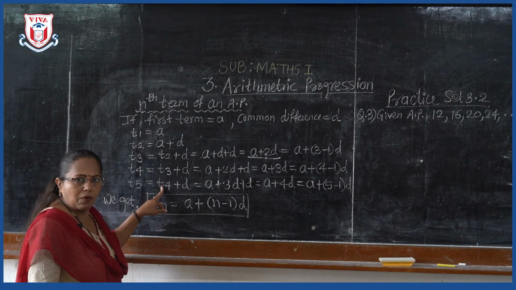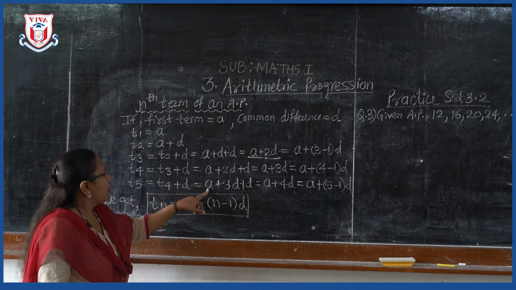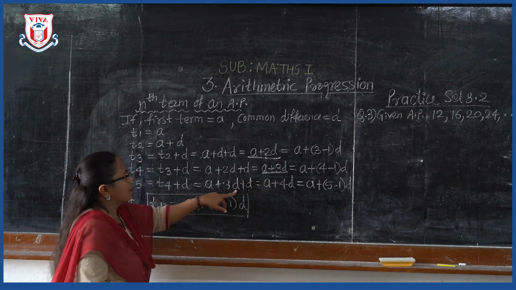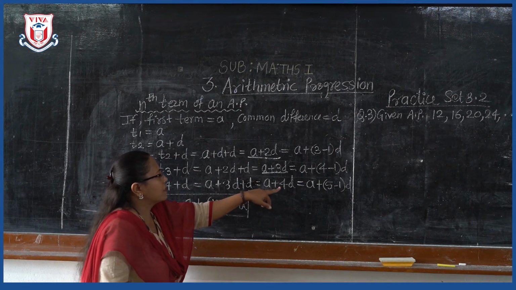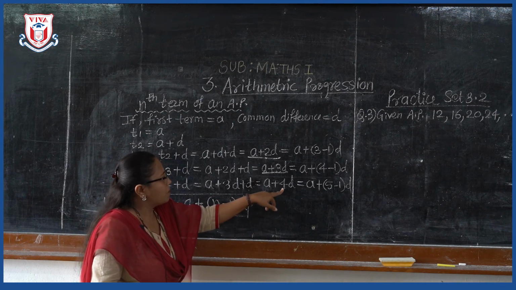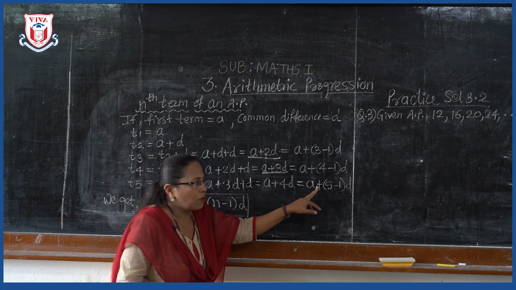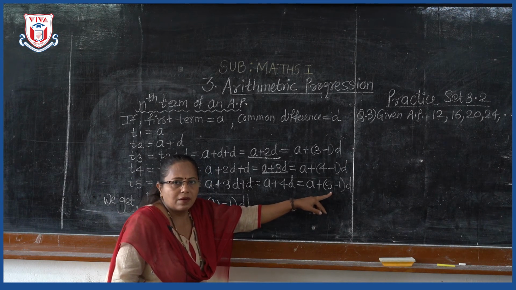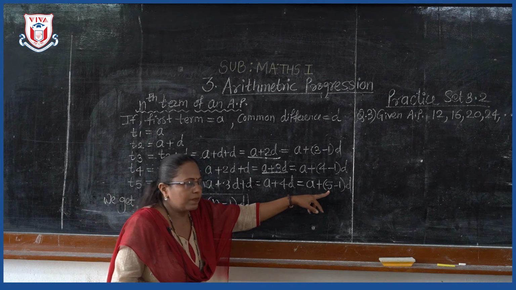Previous term T4 plus common difference D. Fourth term we got A plus 3D plus D. So 3D plus D, A plus 4D. This 4 we can split as 5 minus 1. So A plus 5 minus 1 into D. Okay. So why we took 5 minus 1? Because it is the fifth term.